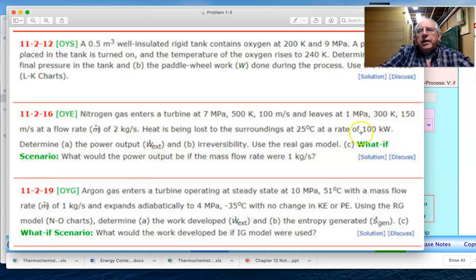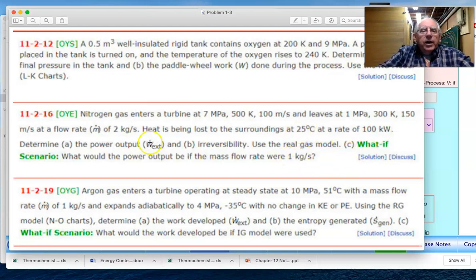But one has to be careful because not everything was cut in half. We still have this heat transfer at 100 kilowatts. And so things would only be reduced in half with the lowering mass flow rate if this heat transfer was also reduced to 50 kilowatts.